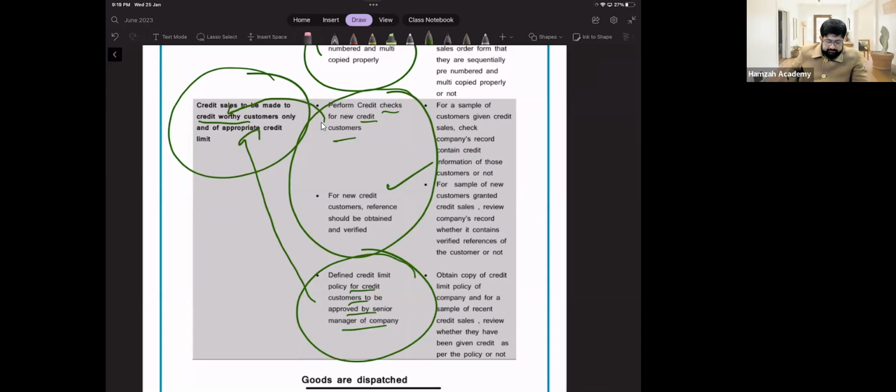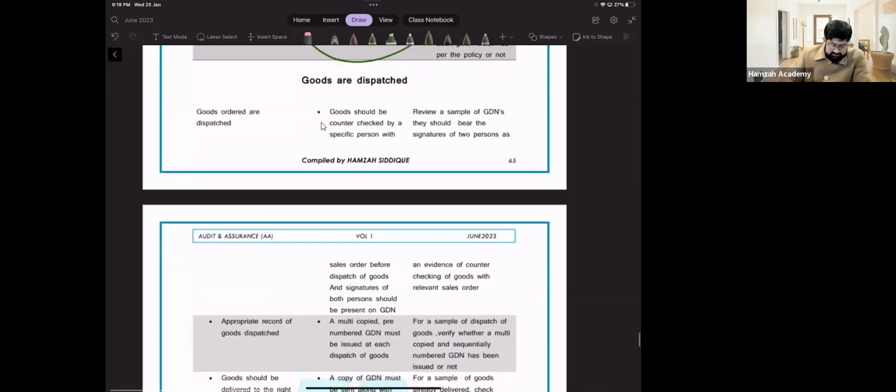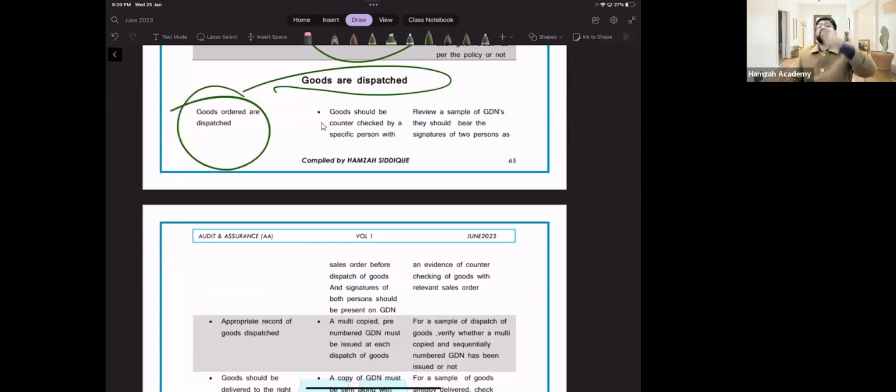Now, the next point is goods are dispatched. Goods ordered. What the customer ordered?